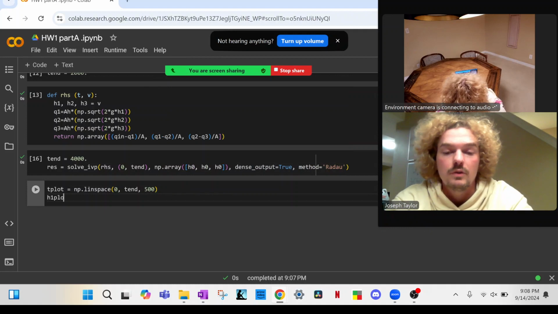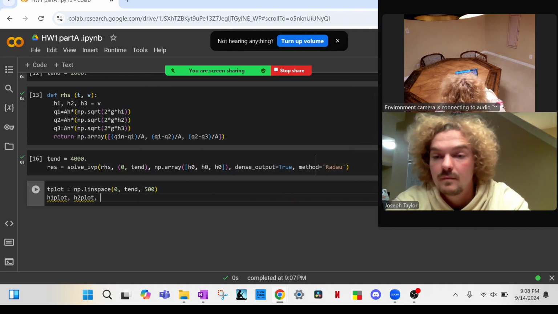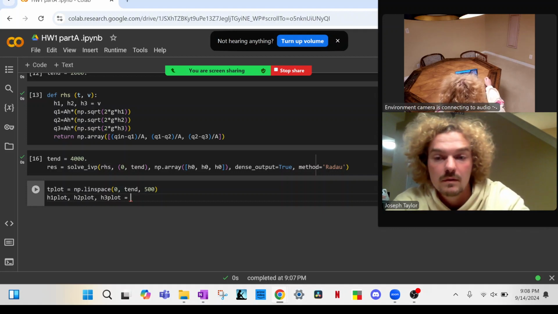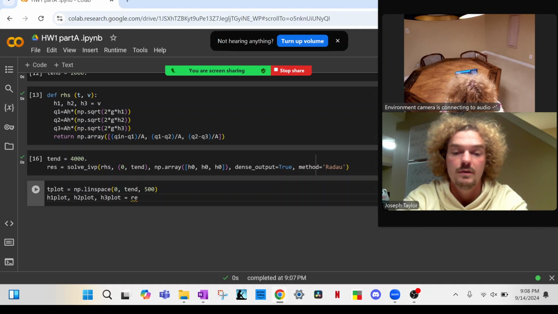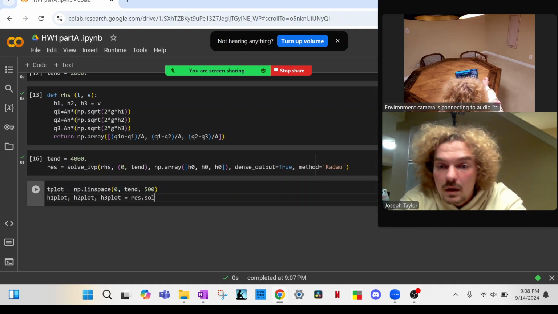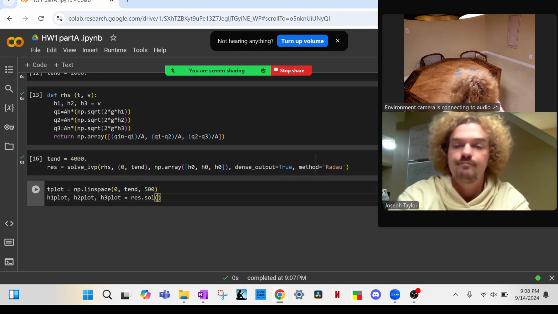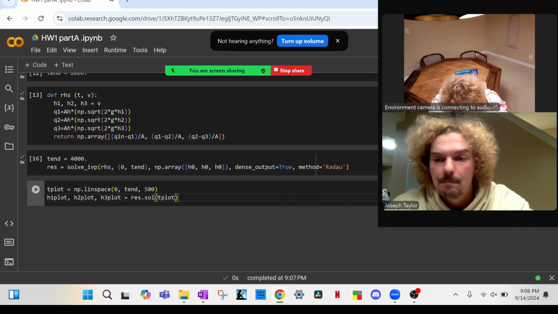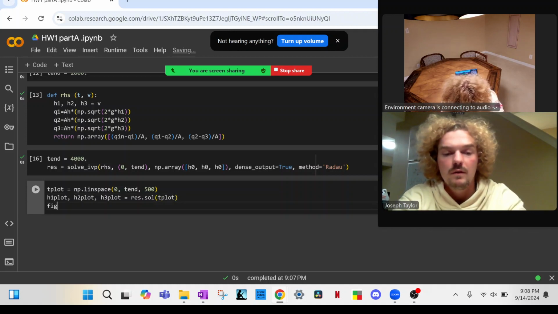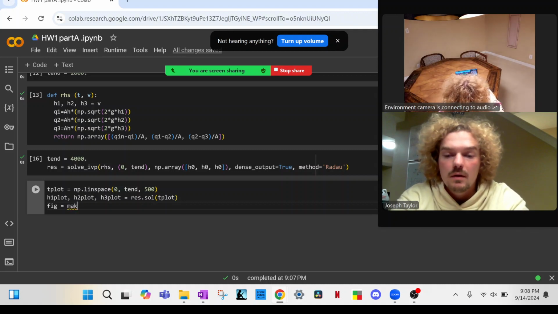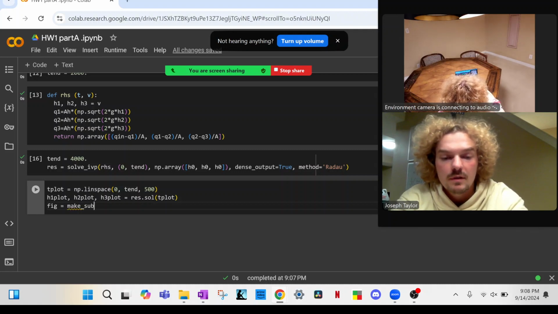And then we're going to do H1 plot, H2 plot, H3 plot, and that's all going to be equal to res.sol, and then t plot. And then we're going to do fig equals make subplots.